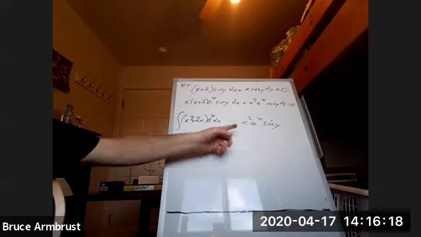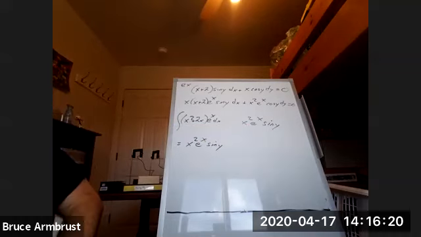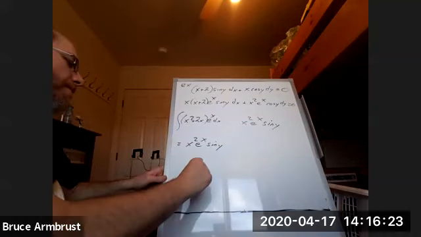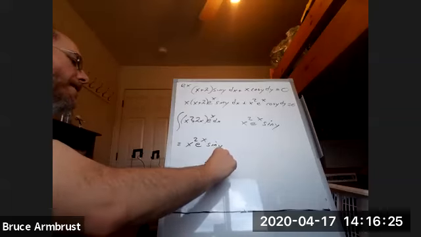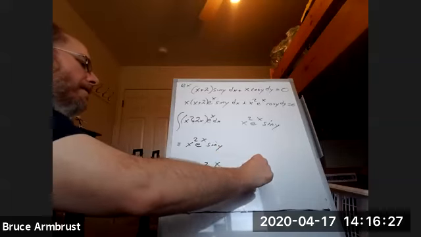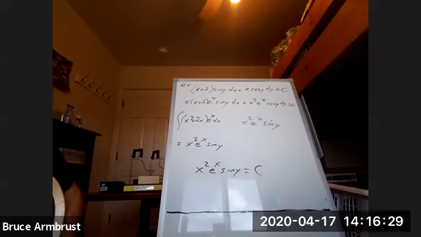And notice that they're actually the same. So it turns out for this one, we get x squared e to the x sine of y equals c. So like I said, it looked ugly. Turns out it's actually not that bad, at least in terms of its form.